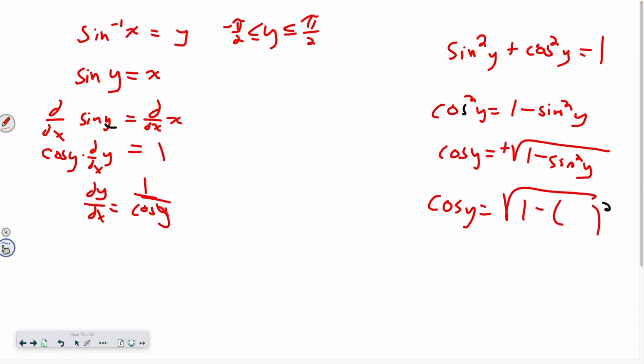But by the way, John, what is the sine of y? x. So 1 minus x squared. Okay. So thus, dy/dx of the inverse sine is going to end up being 1 over the square root of 1 minus x squared.